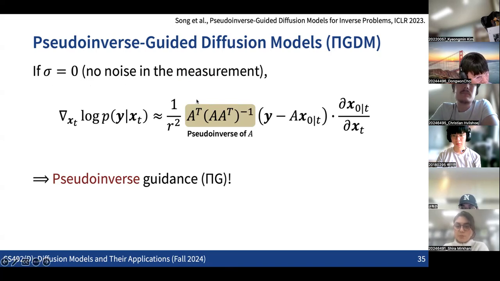In this specific case, the scaling term for the difference between these two becomes multiplying by the pseudo-inverse of A here. So this is basically multiplying the pseudo-inverse of A into the difference. That's why this is called pseudo-inverse guidance. Is it clear? Any questions on this?